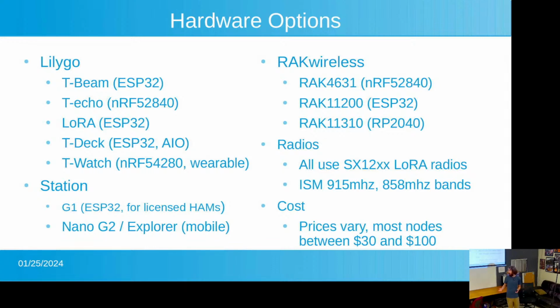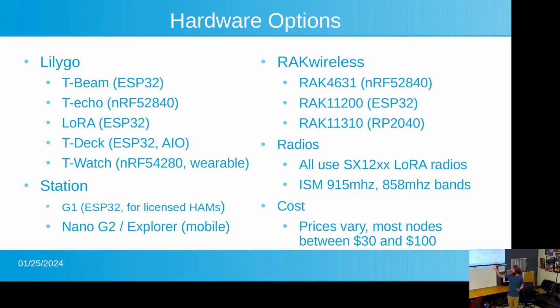There's a lot of hardware options that work with Meshtastic, and they're constantly making new ones. Like this all-in-one guy here, I think is about maybe 2 months old, and it's got a Meshtastic firmware already. So very actively developed. The LilyGo are probably, at least from what I've seen, the most popular and least expensive.